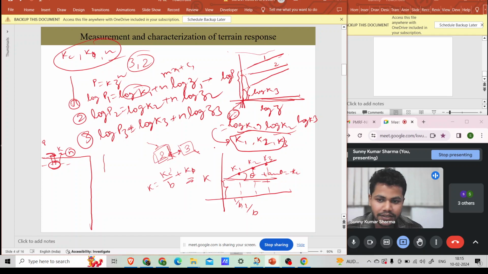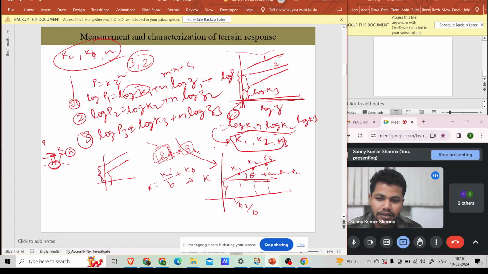What sir has told us in that tutorial is that if we have 2 plates, then sir has directly taken some value. Sir is not going with this method. Sir is directly deriving some equation.